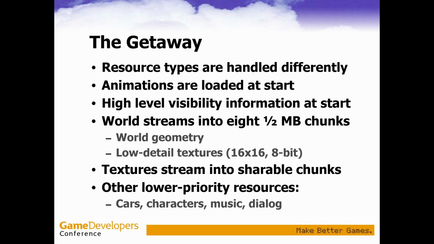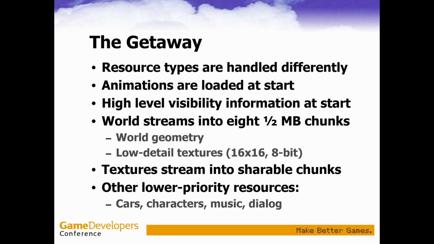That's just resident throughout the whole process. The unique world data streams into 8 half-meg chunks, so it's a total of 4 megs allocated to the unique world data. And then, in addition, each of those chunks has low detail textures that it can fall back on if the higher detailed ones aren't loaded.